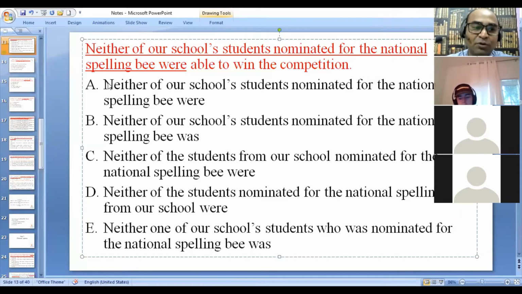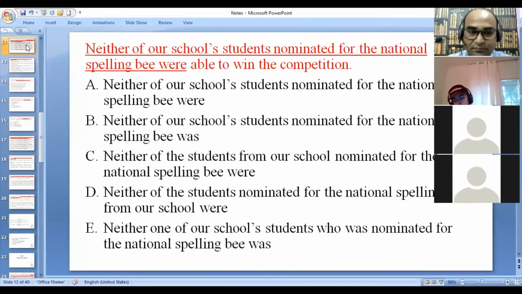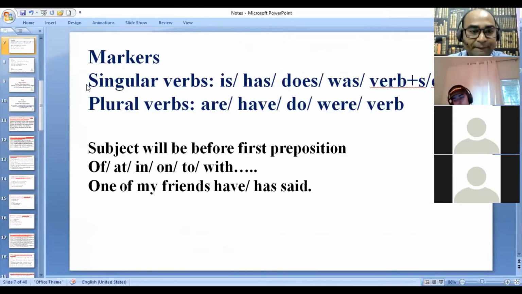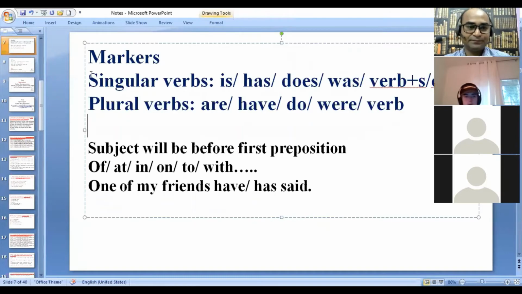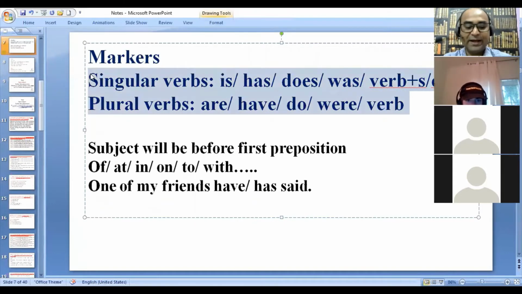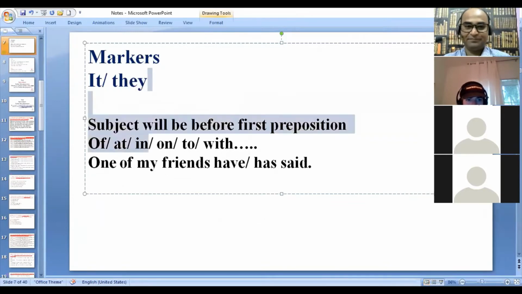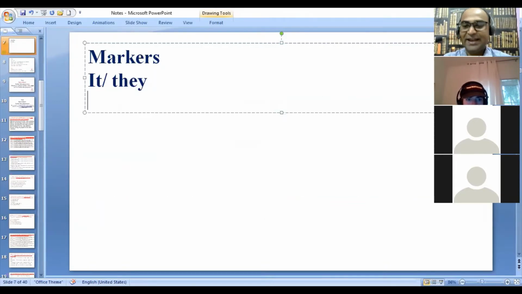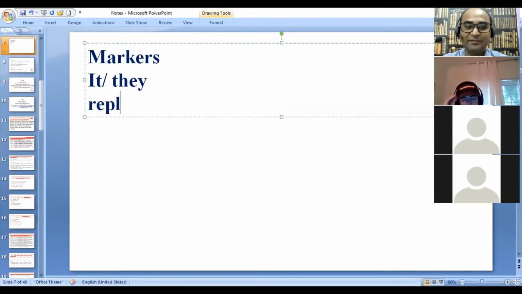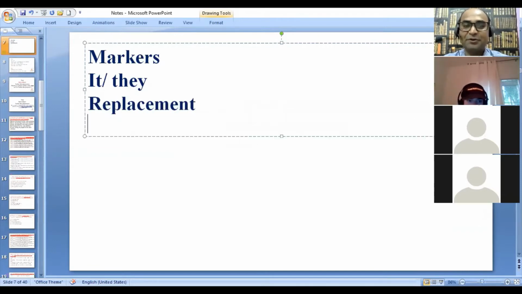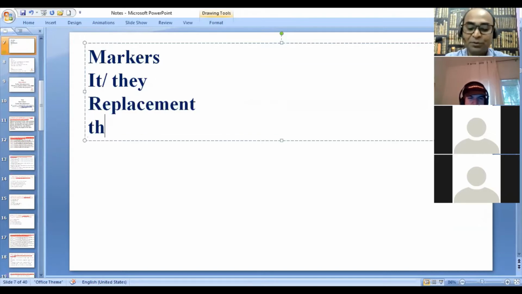Let me give you one more keyword. Do you know what it and they are? It is a pronoun, right? And it's a replacement of a noun. So remember, when we go with formal writing or any formal grammar, they means plural. It's when we need a plural noun.